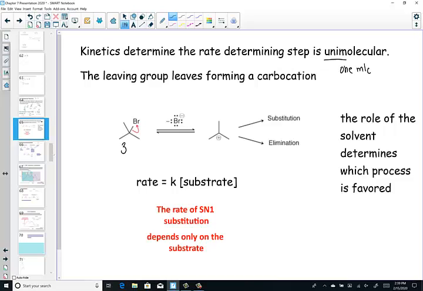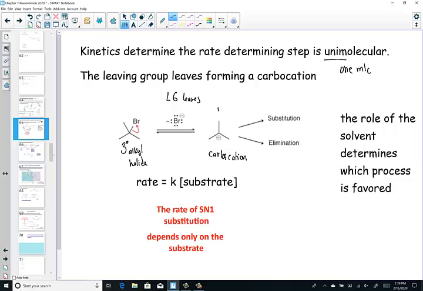So here we have a tertiary alkyl halide, and as long as that alkyl halide is on the carbon chain, the reaction cannot proceed. The leaving group must leave in order for a carbocation to form. And this should be one word, carbocation.